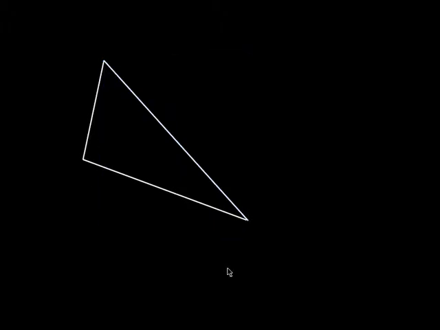Let's see. Law of cosines, right? Let me draw the triangle, then we'll write down the law of cosines. Now again, use law of cosines with a non-right triangle. All right, so this is law of cosines.